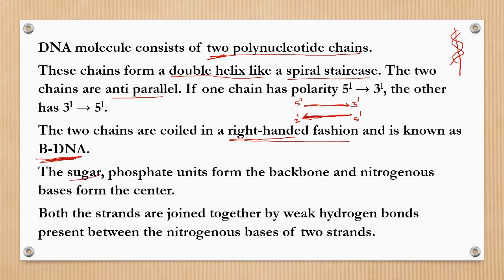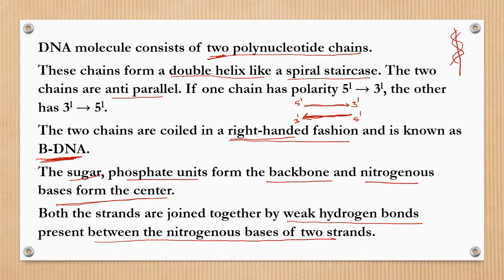The sugar molecule and phosphate units form a backbone, and nitrogenous bases form the center. They are present at the center. Both the strands are joined together by weak hydrogen bonds present between the nitrogen bases of the two strands.